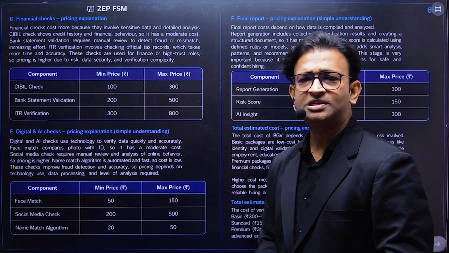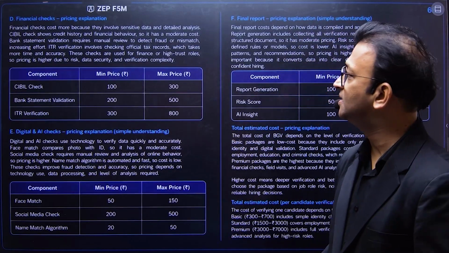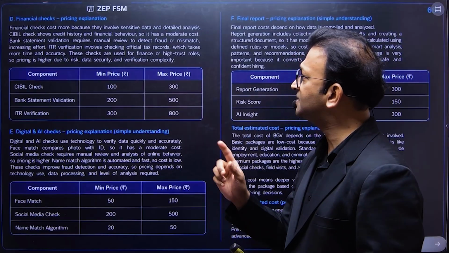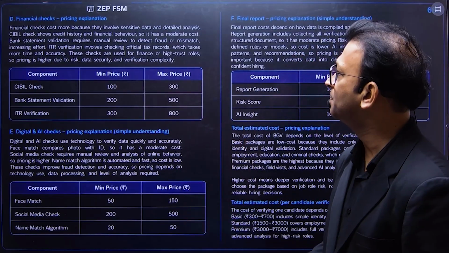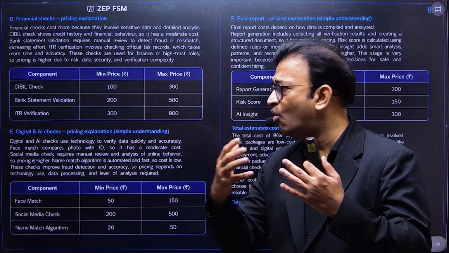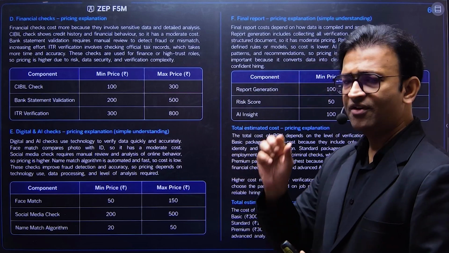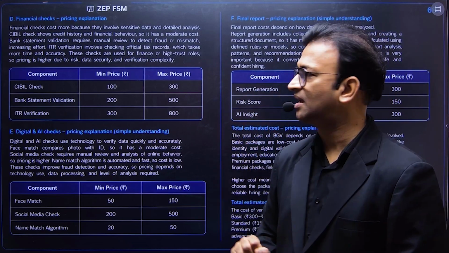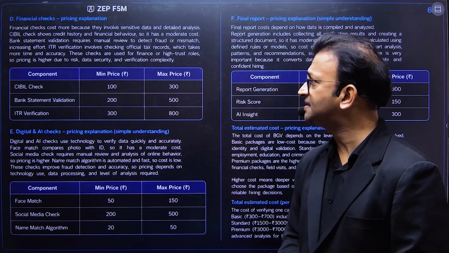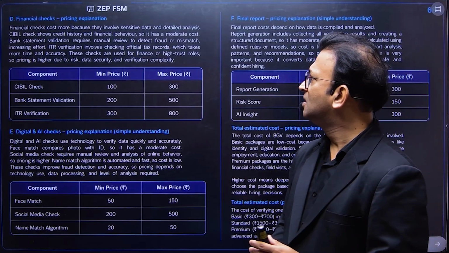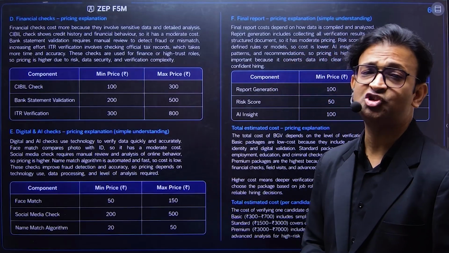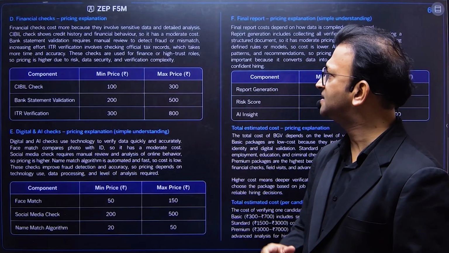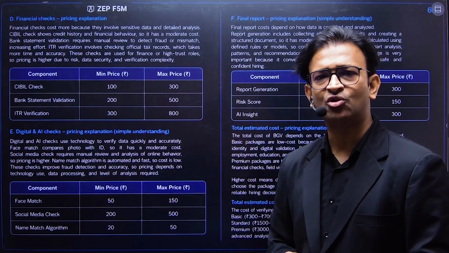Now, moving on to the next component, which is financial checks. Pricing explanation, one more time. These cost a lot more because they involve very sensitive data and detailed analysis. CIBIL check shows credit history and financial behavior, so it has a moderate average cost.